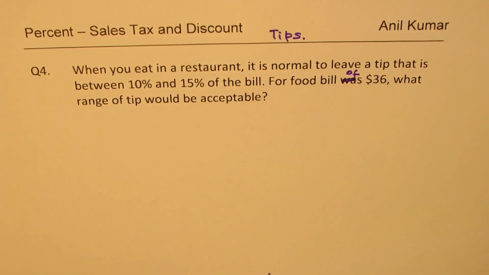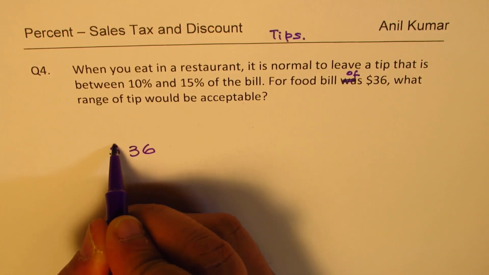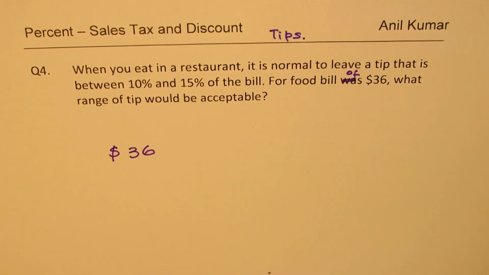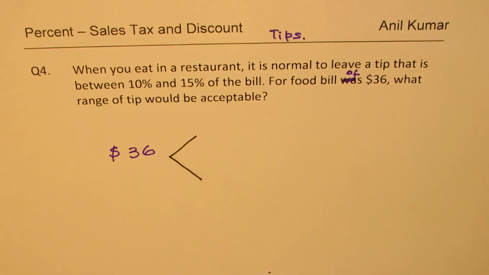So we have a $36 bill. What does the range mean? What is the maximum amount of tip which should be paid if that is the rule, and what is the minimum amount? I should say the norm. So that will give you two values. We're looking for these two values for tips.